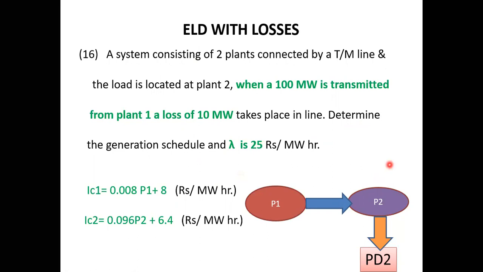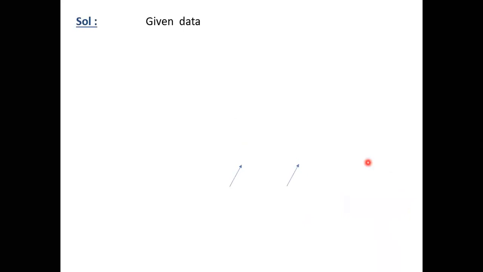Everything is almost the same, but how can we solve this type of problem compared to the previous problem? The approach is almost the same, but the difference is how we utilize the given data. So let's try to solve this problem. First, write the given data.